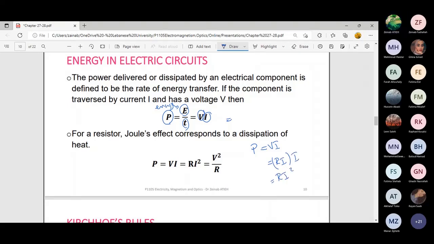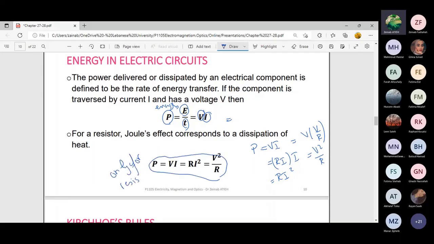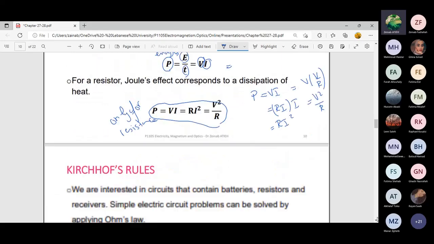Or we can replace I by V over R. So V over R gives us the formula V squared over R. So this formula down is only for a resistor. The one that is up is for all electrical components. It's V times I. It's always true. Okay, so this is the energy.